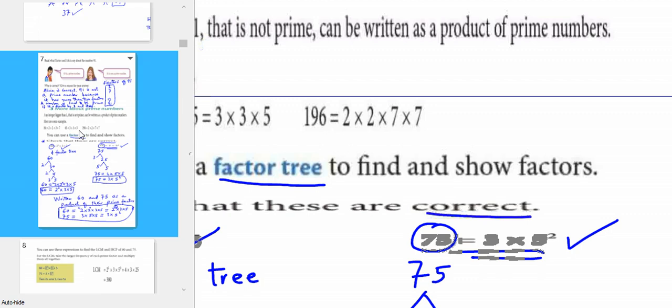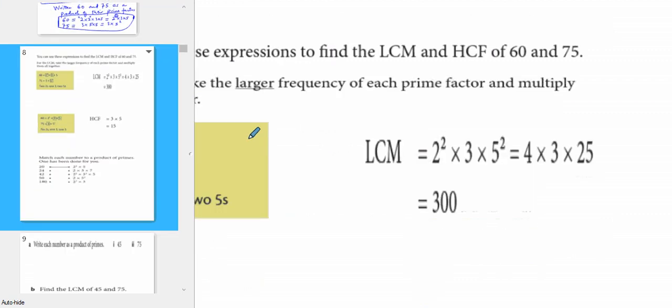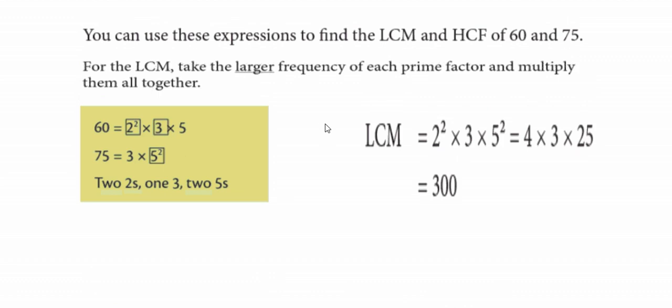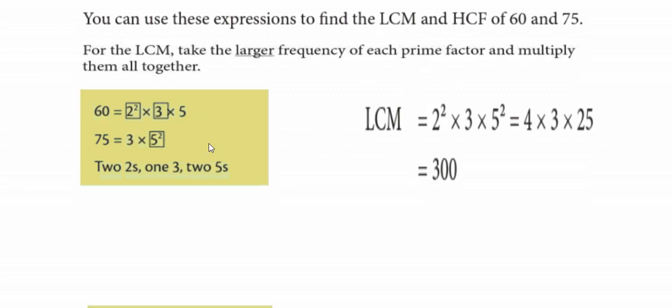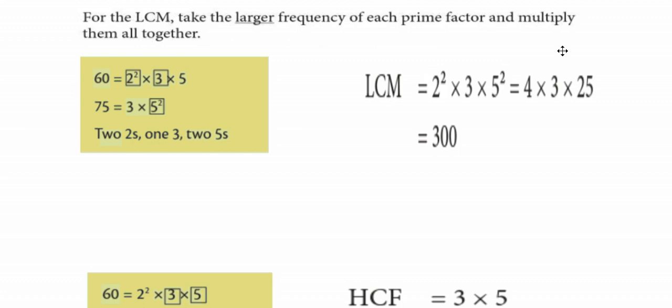Okay, so let us go to the next page over here. Now then, this page is talking about how to find the LCM of two numbers, even more than two numbers, using the concept of the product of prime factors.